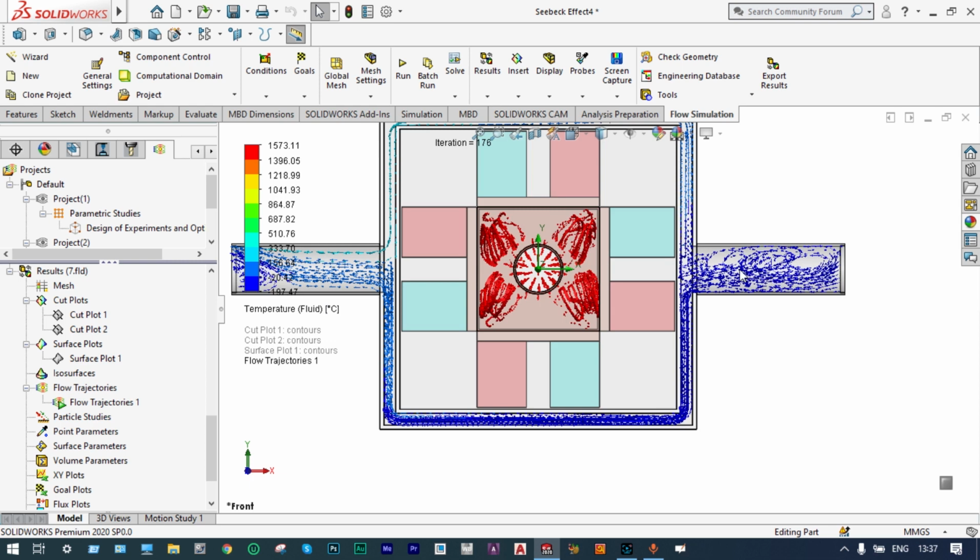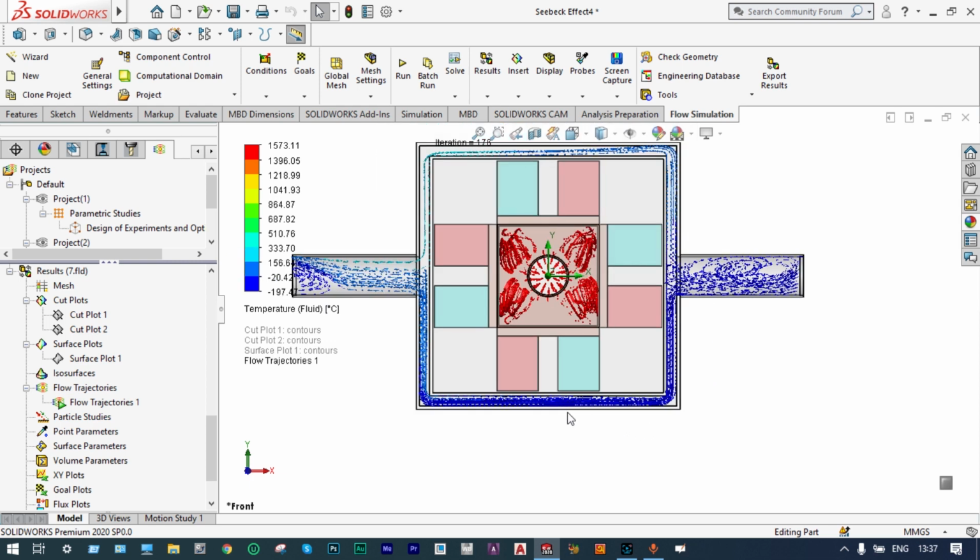Maximum nitrogen particles are coming from downwards. And from inside, you can see the flow particles, how the hot flue gas is passing from the inside chamber. Okay, let us clear and hide these things.